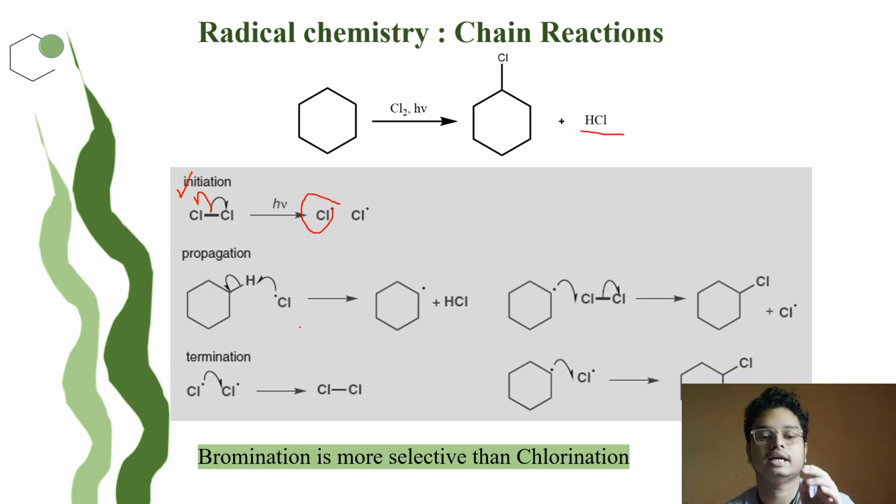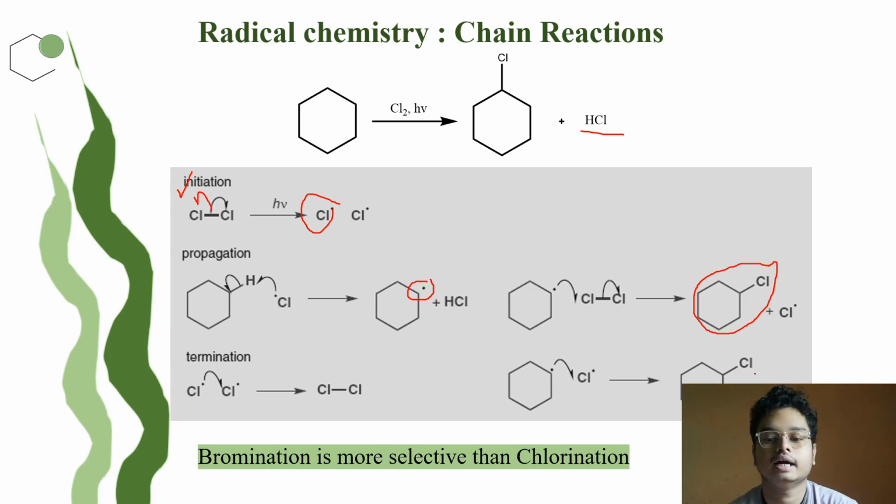Now this chlorine radical will take the hydrogen from here to generate this secondary radical, and this secondary radical now attacks a fresh chlorine molecule to generate our resulting compound, 1-chlorocyclohexane.